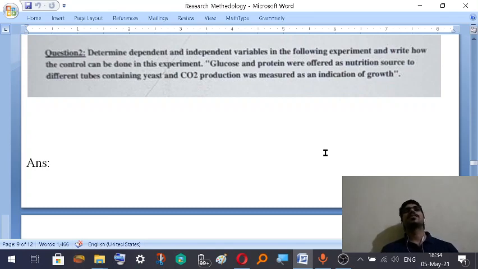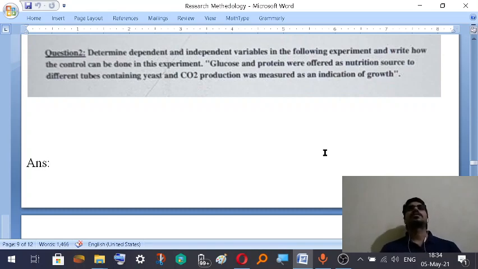Basically, here we will talk about dependent variable, independent variable, confounding variable, and how to design control, how to design experiments, and then we will also study how to make hypothesis, and then we will apply these concepts in solving the question, and then we will form a hypothesis, and then we will find out the dependent and independent variable in that hypothesis.